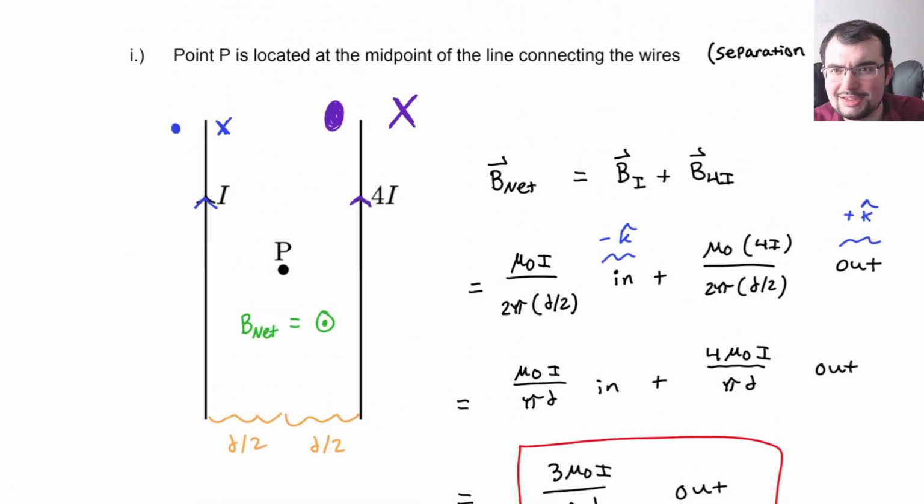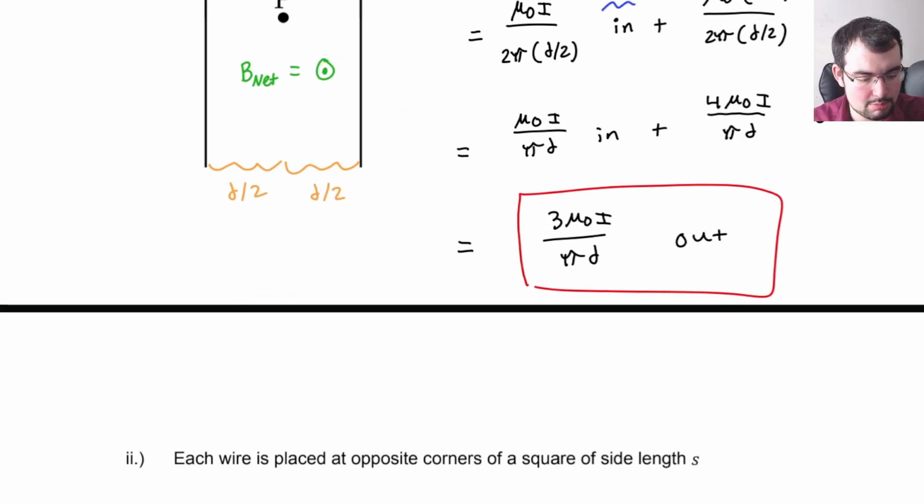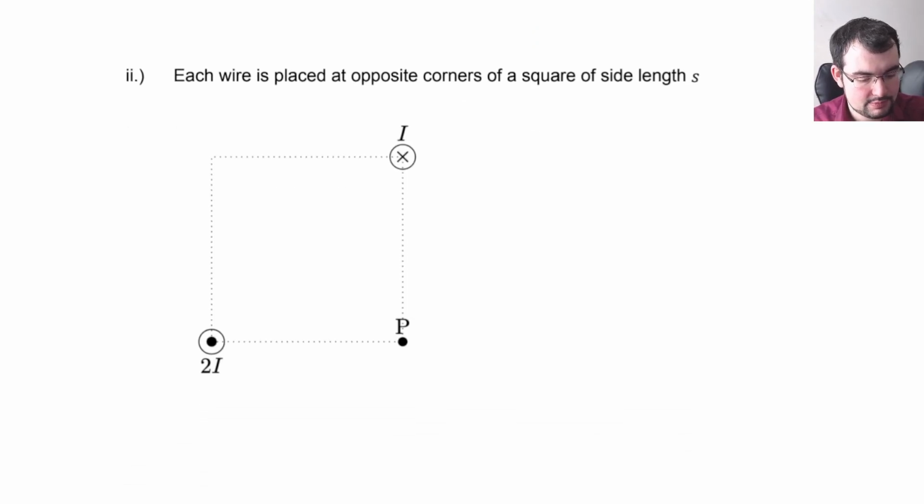If your wire is in the XY plane, your B field is going to be perpendicular. Now we have the other case where our currents are in the Z direction, so our field will be in the XY plane. Remember that we circulate: if I stick my thumb in the direction of current, my fingers wrap around.